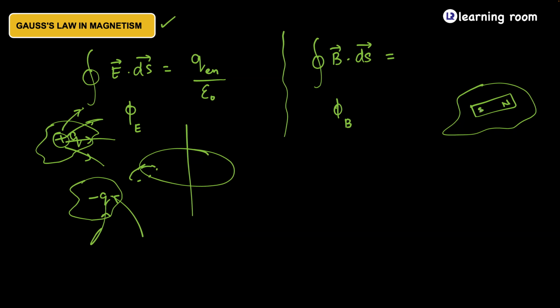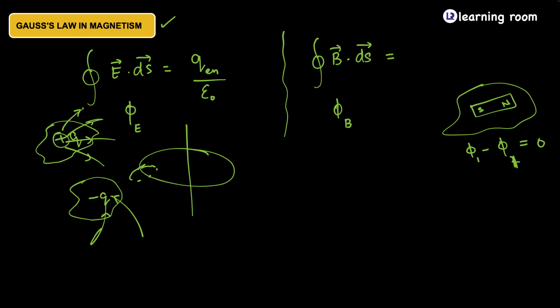This means the number of field lines leaving the surface will be equal to the number of field lines entering the surface. If you take the field lines leaving the surface as positive, then the field lines entering the surface will be negative. So phi1 leaving and phi1 entering, but I put a minus sign because leaving I took as positive and entering as negative.